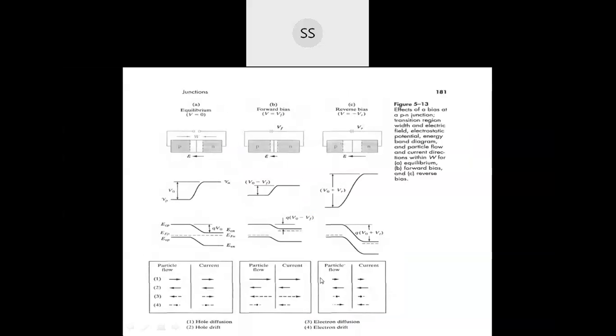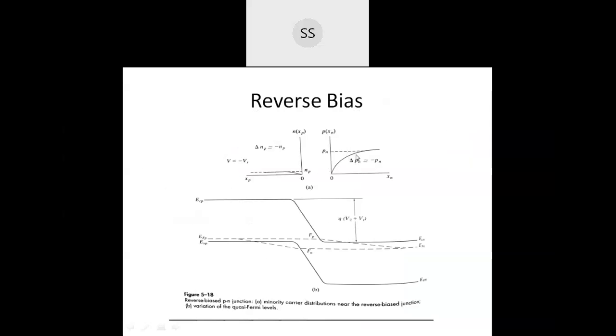That's why in this graph, this curve approaching zero shows that as we approach the edge from the neutral region, the minority carrier concentration falls. Same thing on the N side also. This process is known as minority carrier extraction.